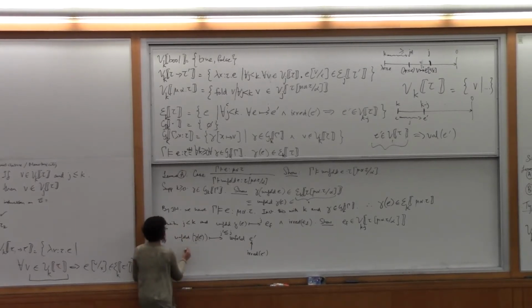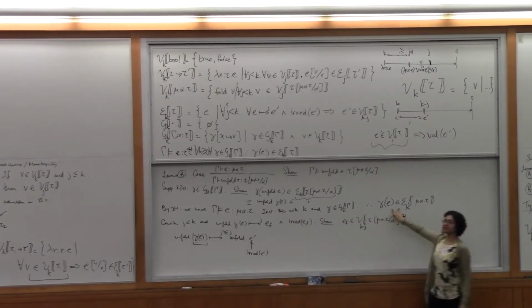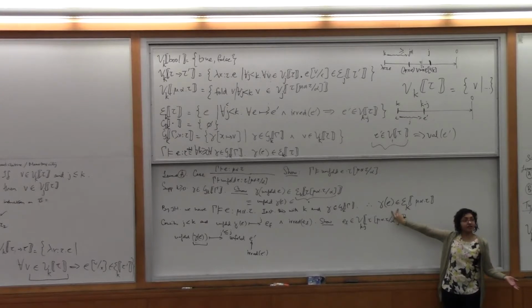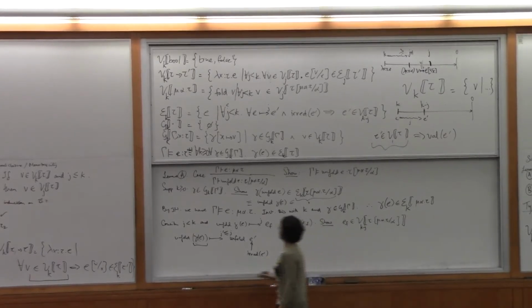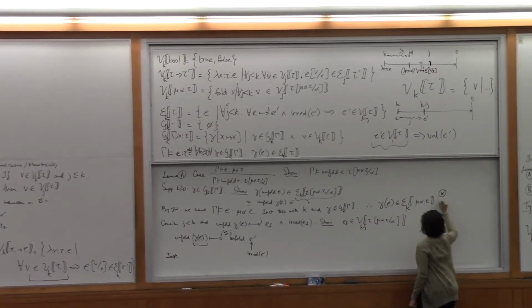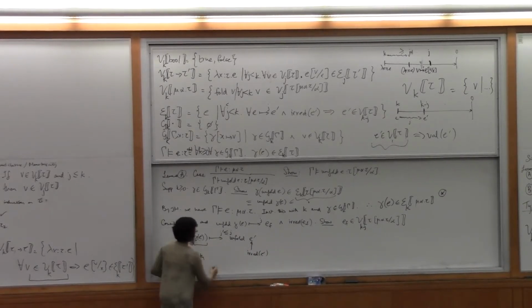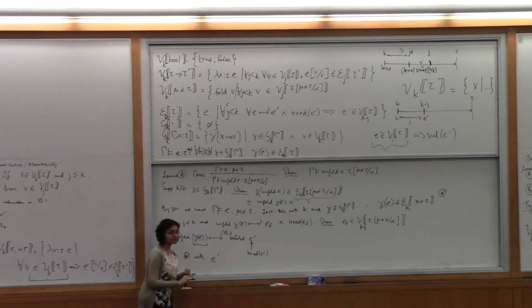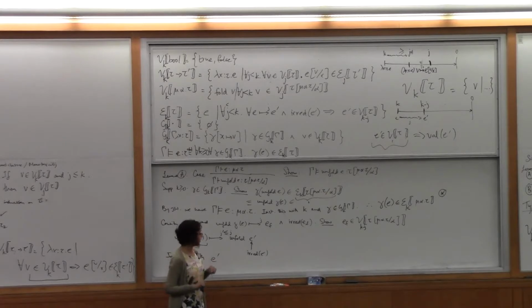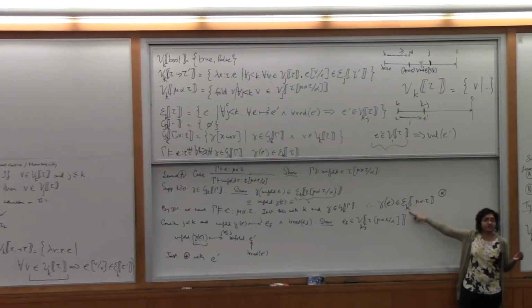But now we have a fact, right? We know that gamma E reduces to E prime, which is irreducible. We can take this fact that we have and instantiate it. Let me just put a star. This fact here, star, with E prime, and I know that E prime is irreducible, and I know that gamma E reduces to E prime in some j prime steps, and j prime is less than or equal to j. Well, if j prime is less than or equal to j, and j is strictly less than k, then j prime is strictly less than k, right?